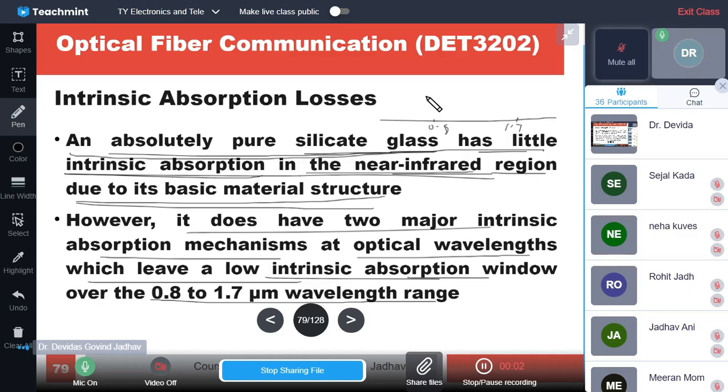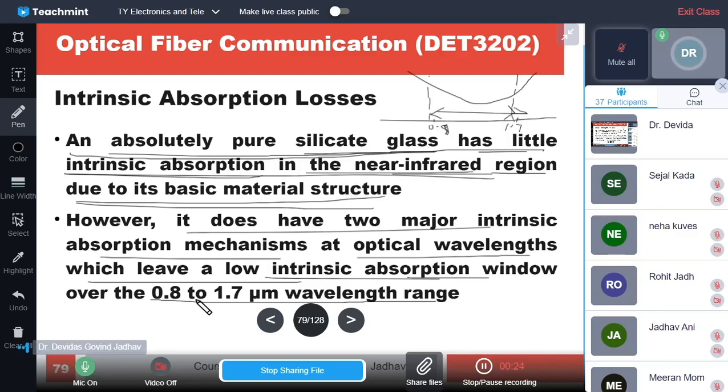Between 0.8 and 1.7 micrometers it offers minimum loss, very little loss, and it increases again below 0.8 and above 1.7. That's why it offers very little loss, and that's why 0.8 to 1.7 is chosen as the optical communication window.